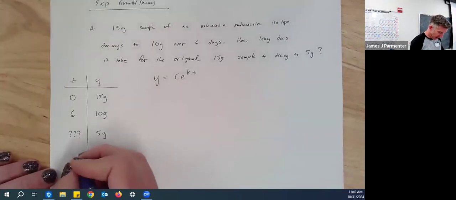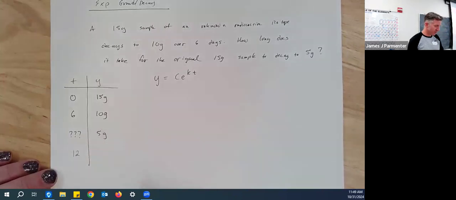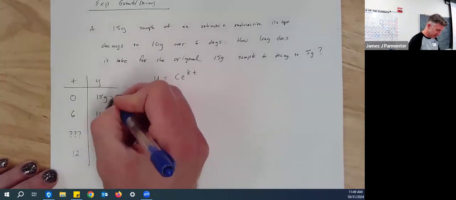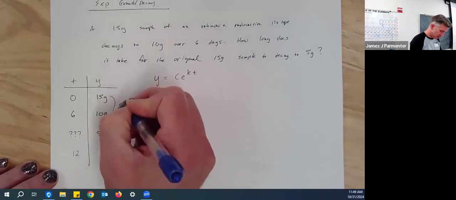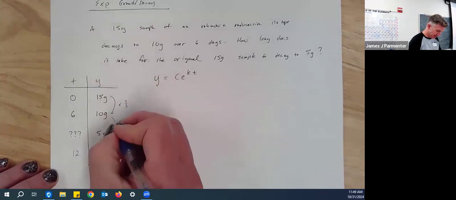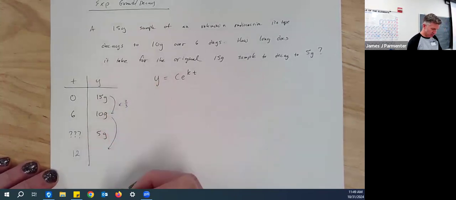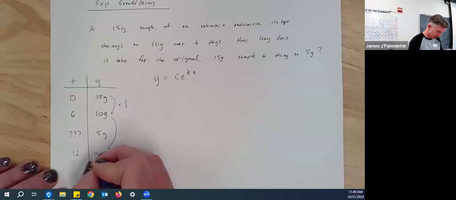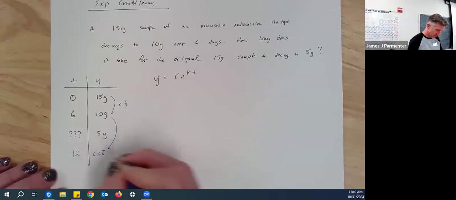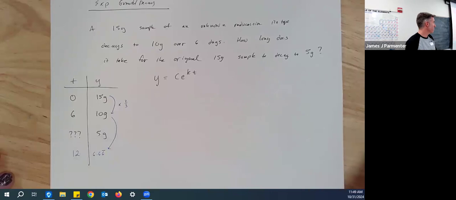At day 12, 15 times 2/3 gave me 10, 10 times 2/3 would be 20/3 or 6.66 forever. That's how much you'd have after 12 days. If you had another 6 days, you multiply by another 2/3.